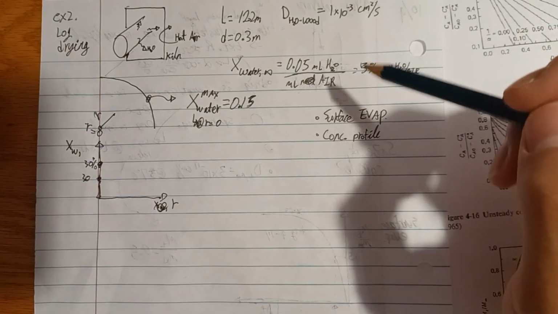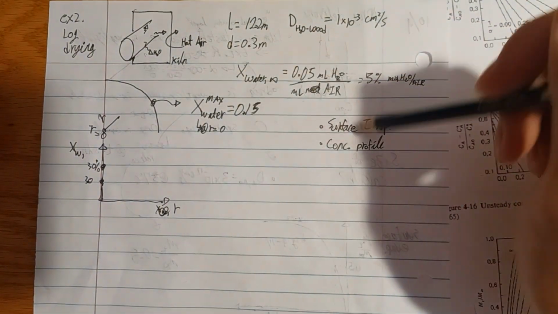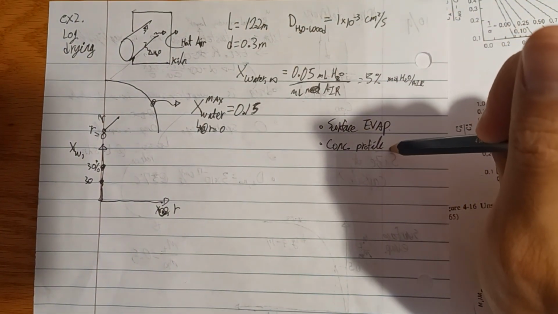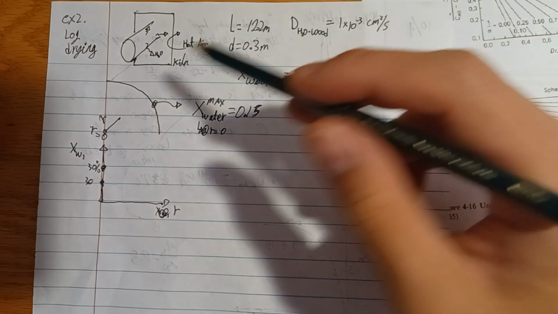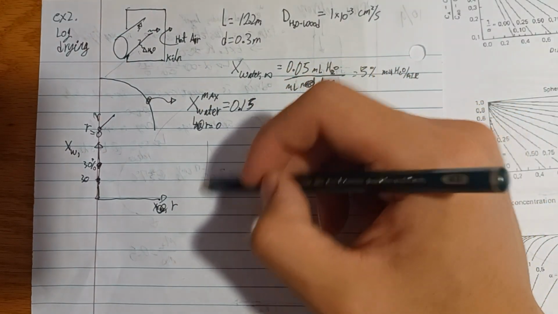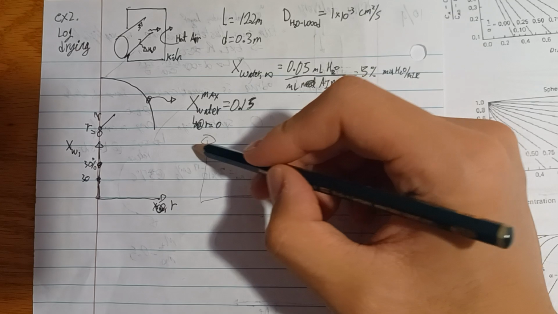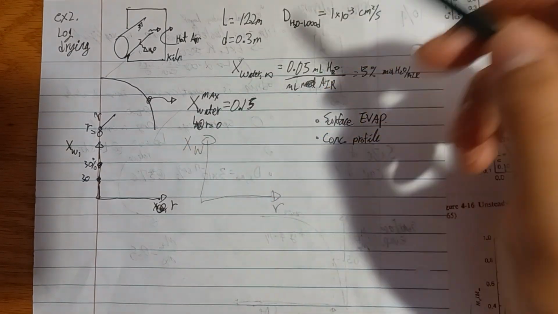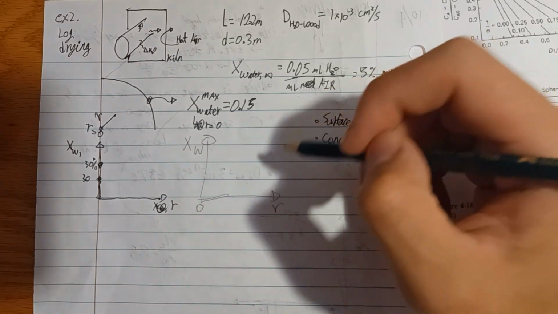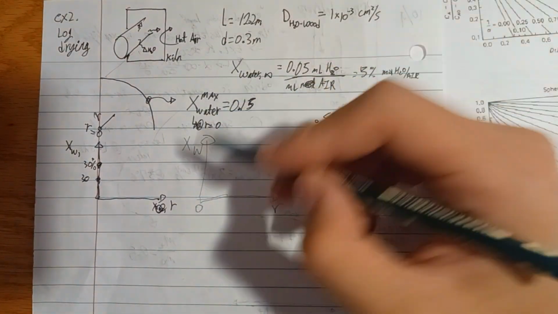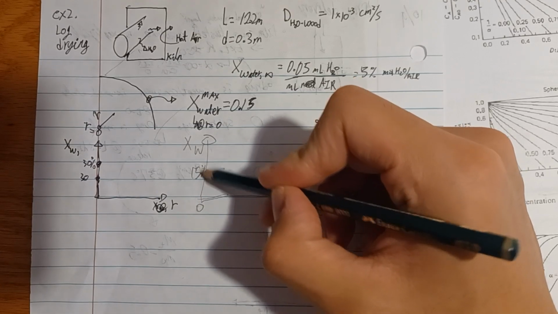And in order to solve this, this is a surface evaporation problem because that's what's happening over here. And we need to know the concentration profile. Once we know the concentration profile, so let's say this is radius R, and then this is water content, and this needs to be smaller than 15%.